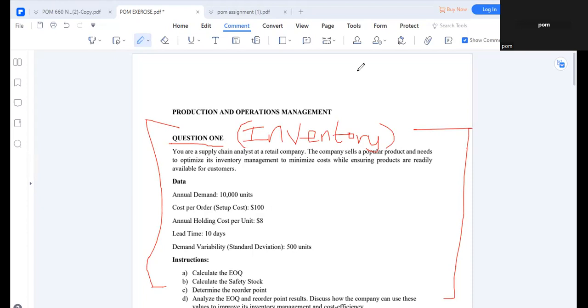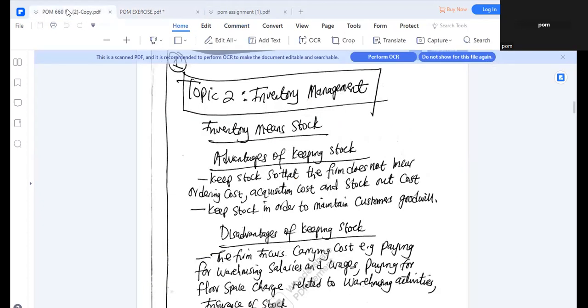Now, as we look at inventory, first and foremost we define inventory. Inventory means stock.